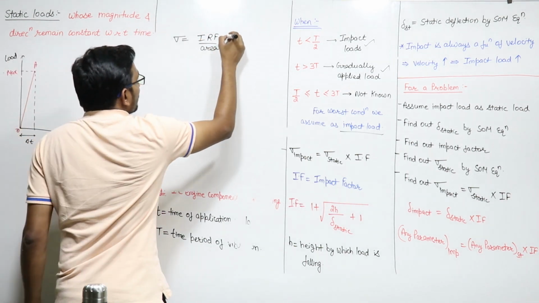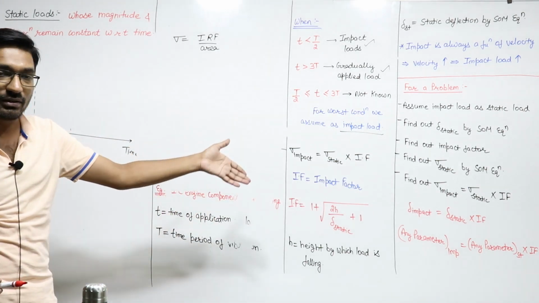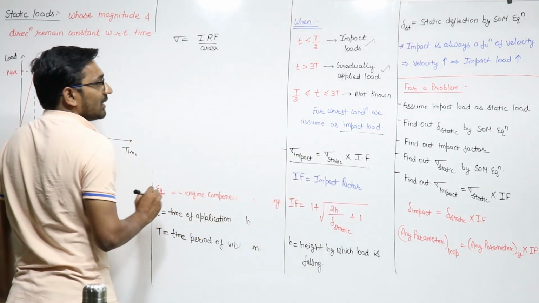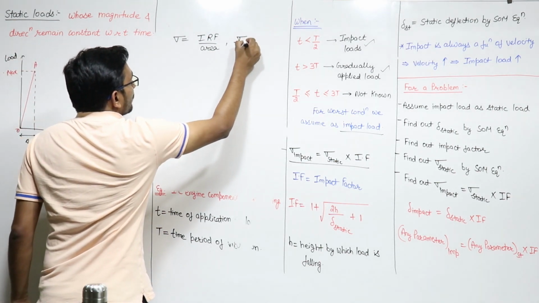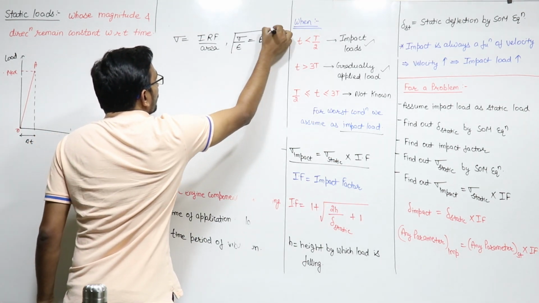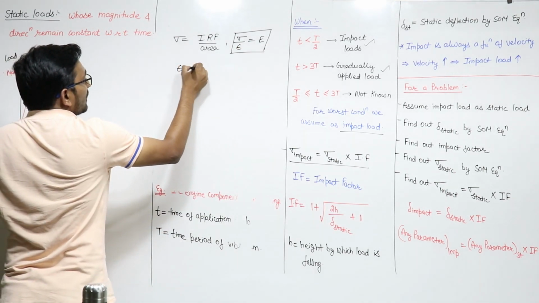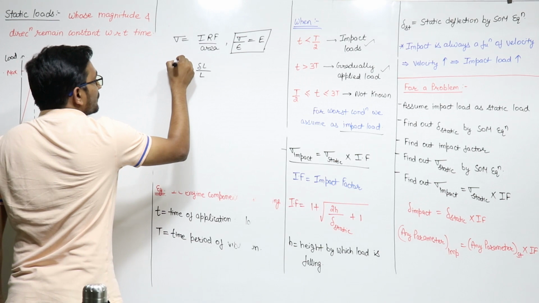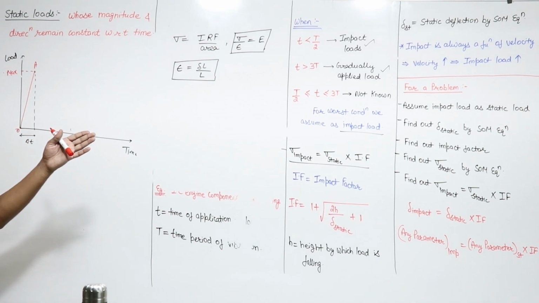And from Hooke's law, which we will discuss later in detail, but for your understanding of how to calculate sigma impact and sigma static, I am just deriving this: stress upon strain will be equal to Young's modulus of elasticity, and strain will be equal to change in dimension upon original dimension, right? This is the normal stress equation.